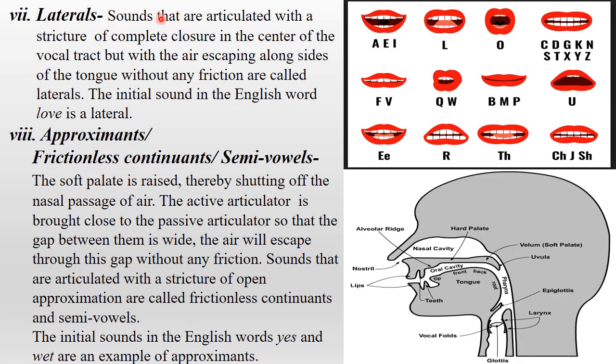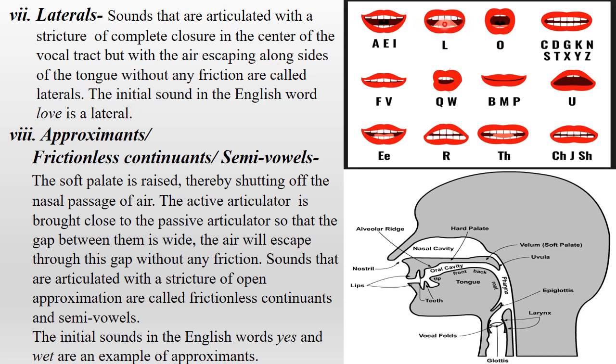Next is laterals. Sounds that are articulated with a stricture of complete closure in the center of the vocal tract, but the air escaping along the sides of the tongue without any friction are called laterals. The initial sound in the English word love is a lateral. Come to this image.